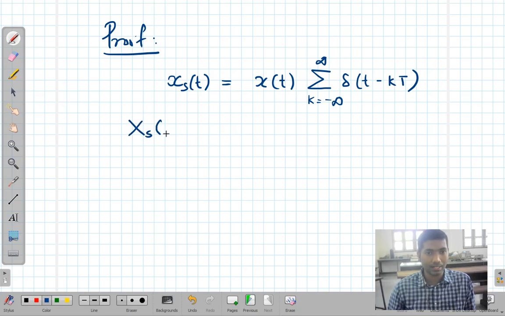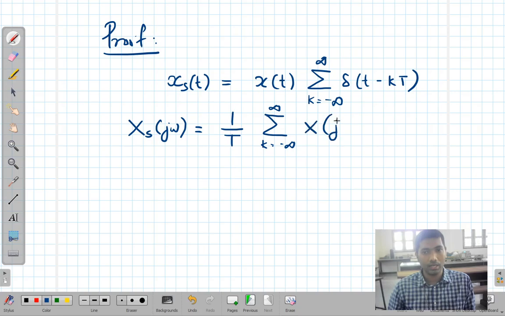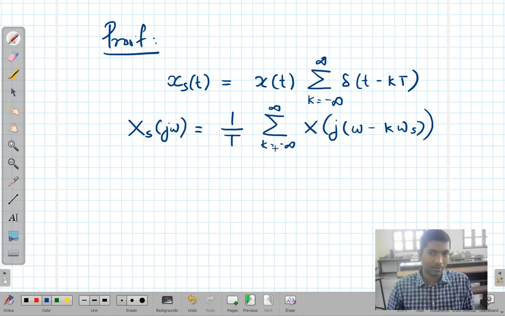This is x s of j omega is 1 by capital T summation k is equal to minus infinity to infinity x of j omega minus k omega s. I am repeating this multiple times so that you'll be comfortable with what I am explaining. Now let's try to understand further: what is the Fourier transform of the sampled signal?